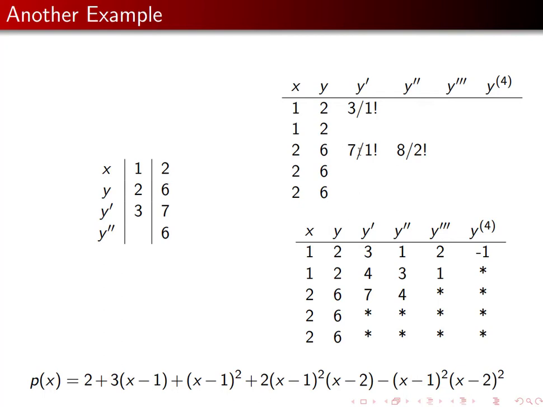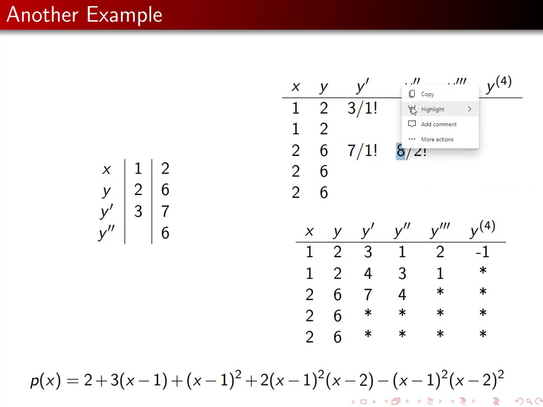But when we go down here, and I have the value of the first derivative and the second derivative, then I put in 7 divided by 1 factorial, and this should be a 6 here.